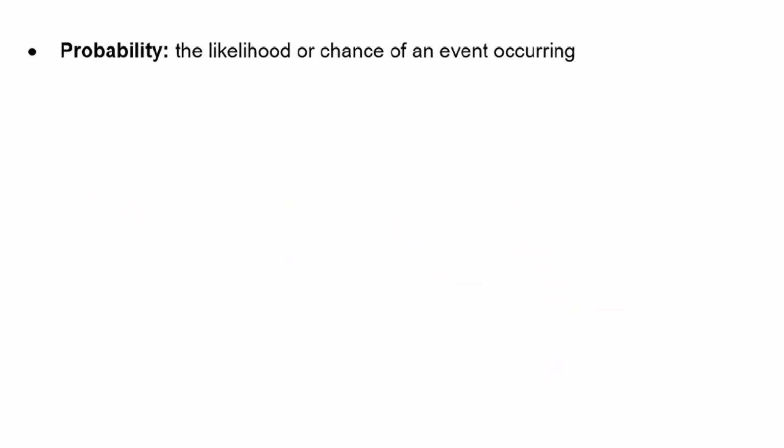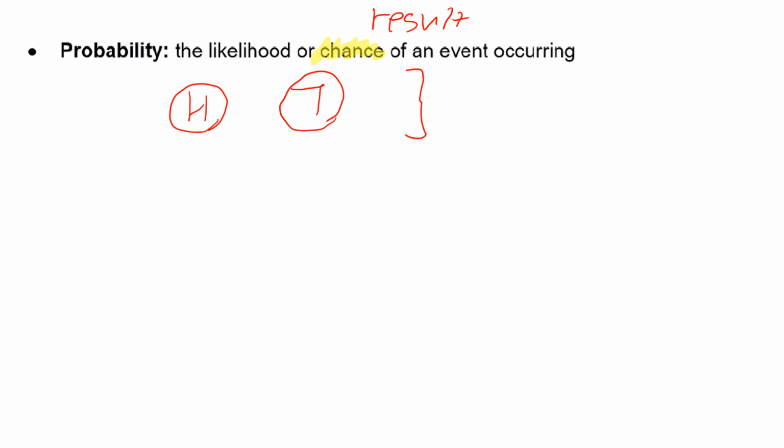So what is a probability? Probability is about the chance of something happening, resulting in something. For instance, if we talk about head and tail for coin tossing, you know that the theoretical probability of head is 1/2, tail also 1/2.